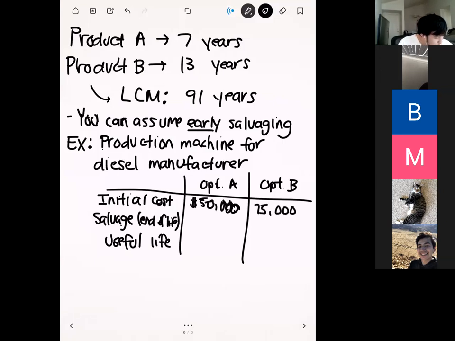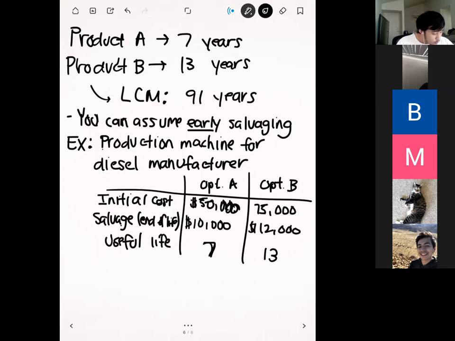The end of life salvage value for option A is 10,000, and the end of life salvage value for option B is 12,000. And then let's say that option A has a useful life of 7 years, and option B has a useful life of 13.